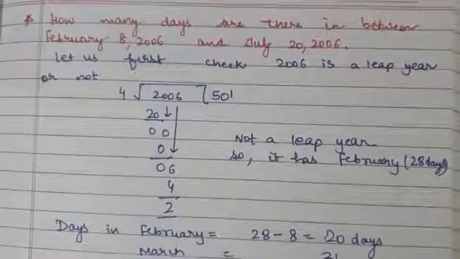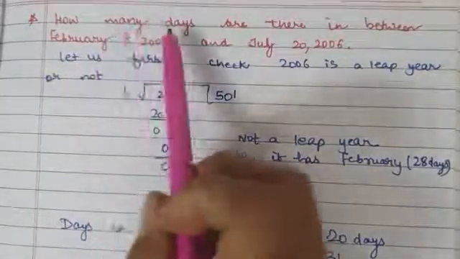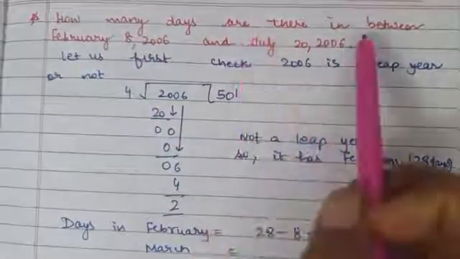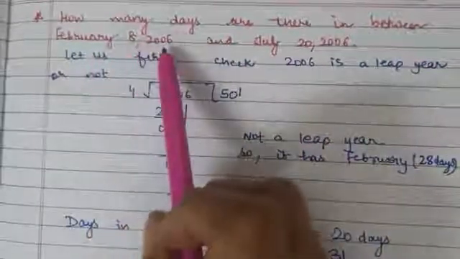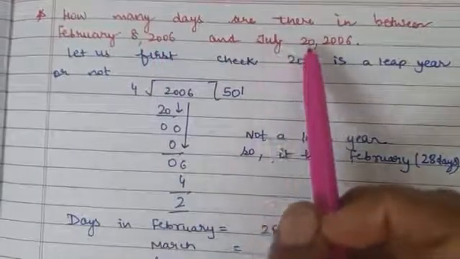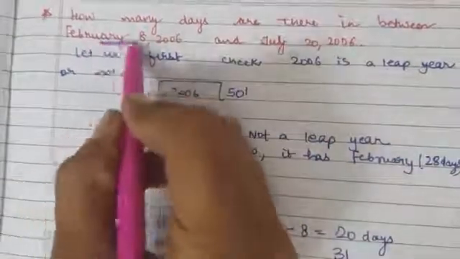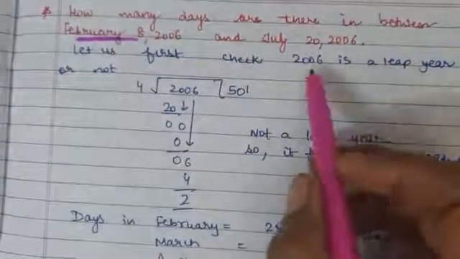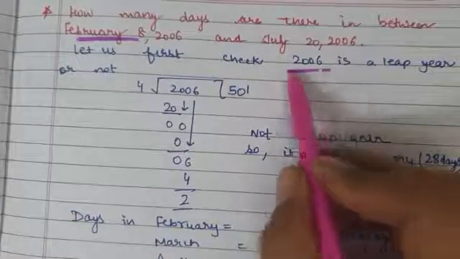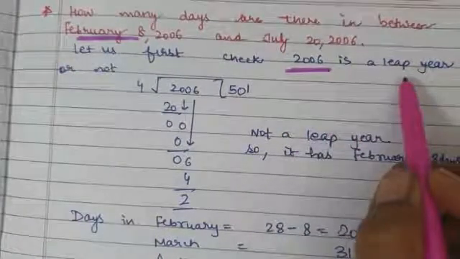Now let us discuss the next question. How many days are there in between February 8, 2006 and July 20, 2006? Since the February month is included, first of all we will check whether 2006 is a leap year or not.